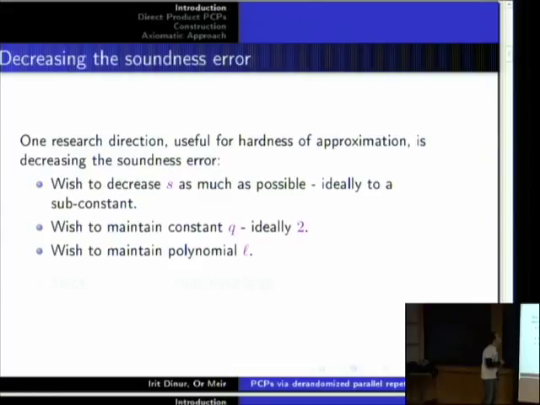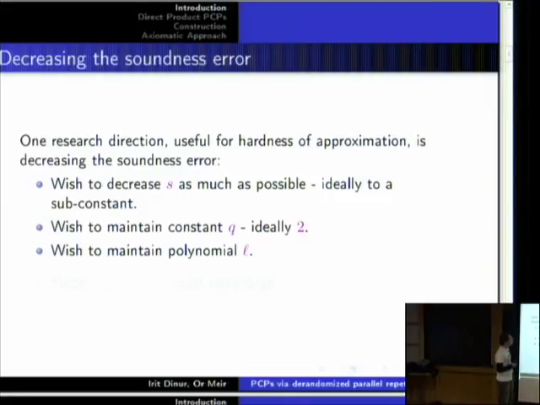Ideally, we wish it to be a subconstant function of the input length. And while we do that, we wish the query complexity to be constant, and ideally we want it to be 2, which is the best possible. And we also wish to maintain polynomial proof length.